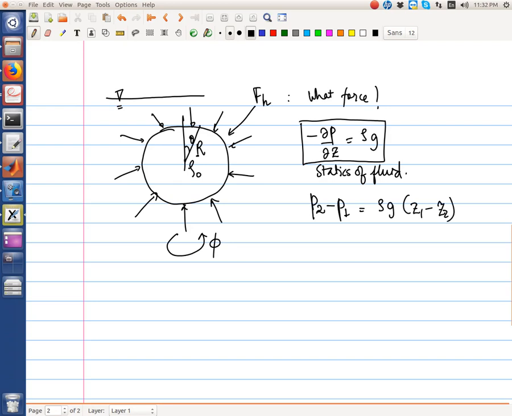So you have to make use of this fact to obtain the net force because of the pressure distribution. So the pressure here will be lower than the pressure here. The pressure at this larger depth will be larger than the pressure over here. So there will be a net force upwards, and if the body is light and tries to go up, so rho 0 is less than rho. So please try to find out the expression.